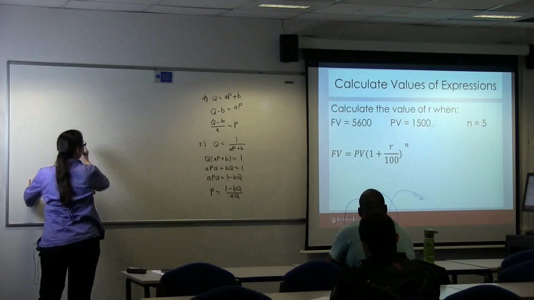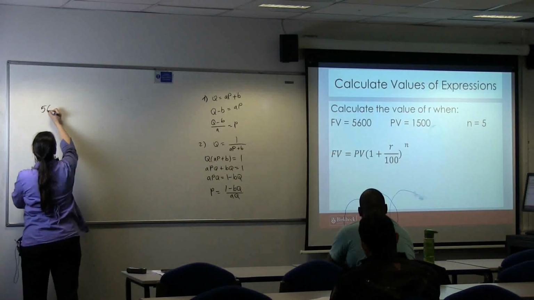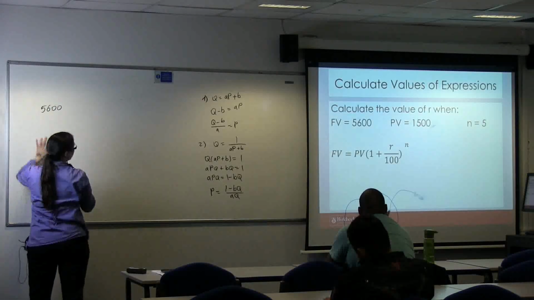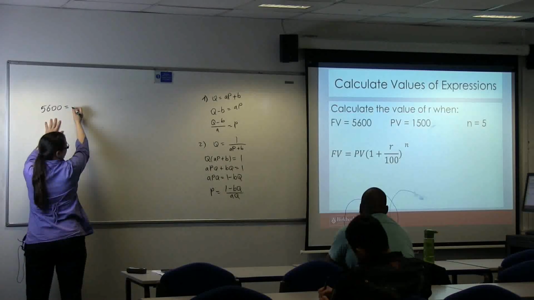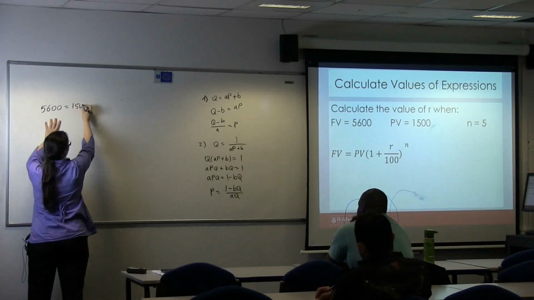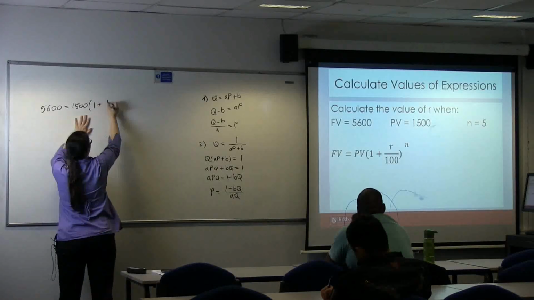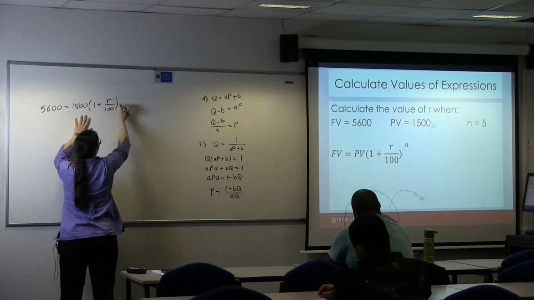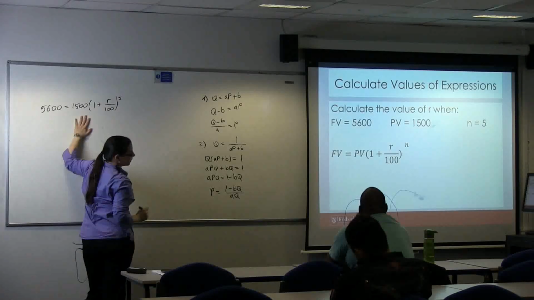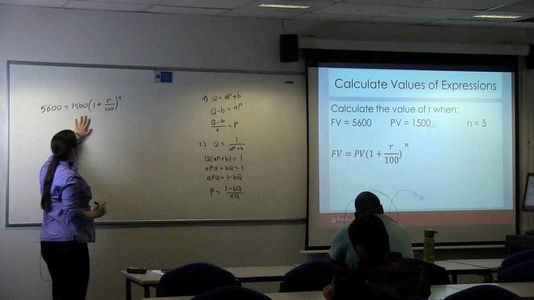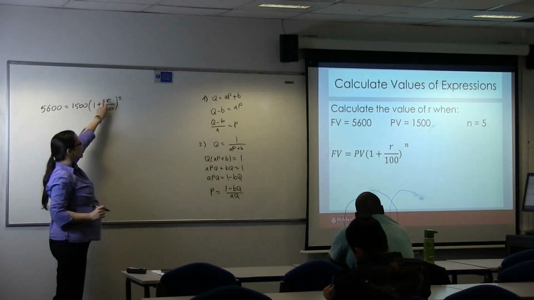So my future value is £5,600. I know that I invested £1,500 at some rate 5 years ago. The question is, what was that rate?